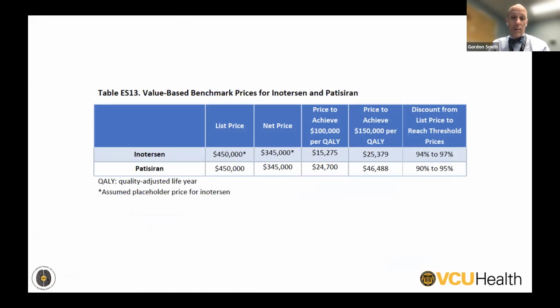And this is from the amyloid neuropathy analysis for inotersen and patisiran. And you can see the list price here, or net price, so $345,000, $450,000. But the price to achieve a cost of $100,000 or $150,000 per QALY is dramatically lower. And so the discount necessary to reach that threshold is very high.